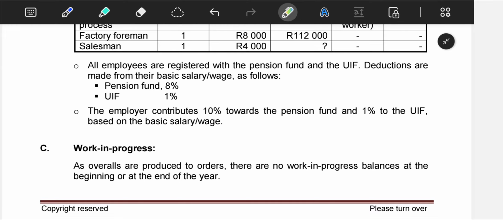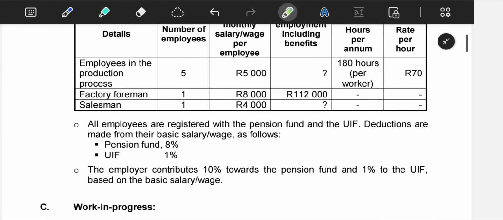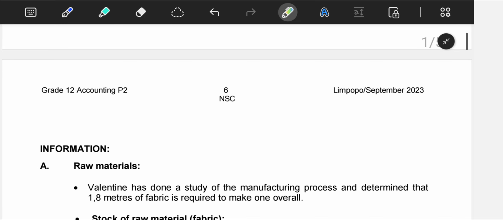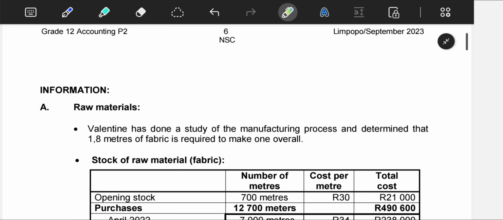Right, so now we are going to consider that information that I said was not useful for now. This information over here says Valentin has done a study of the manufacturing process and determined that 1.8 meters of fabric is required to make one overall.